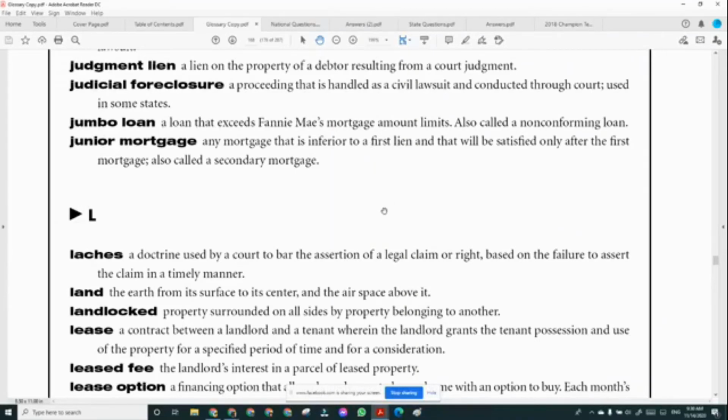I'm also a junior, right? My mom is also a junior. So that junior mortgage is inferior to your dad in this way, and that will be satisfied only after the first mortgage, also called a secondary mortgage. So the senior parent, okay, has priority.